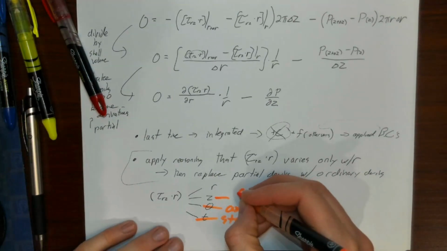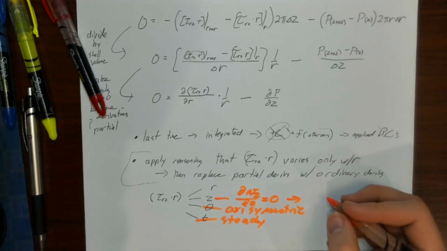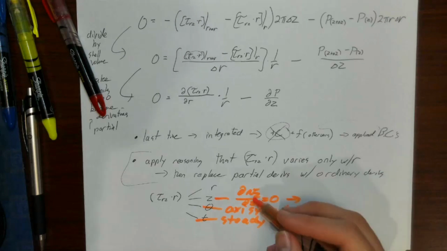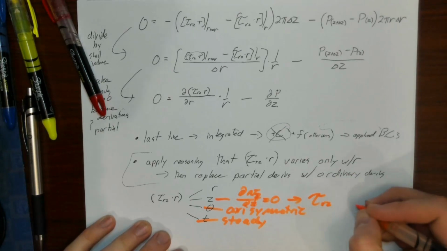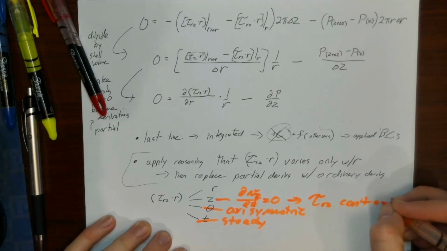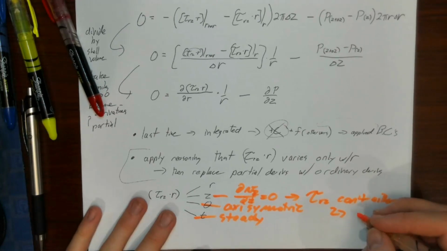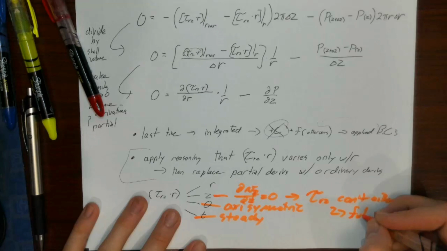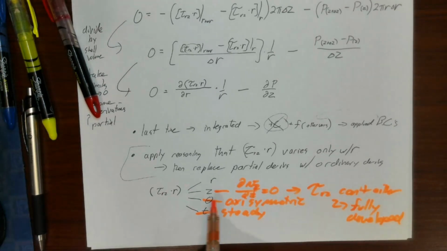We basically said dvz/dz was equal to 0, which means that if z velocity doesn't vary with z, then tau rz can't either. This is essentially an implication of our fully developed conclusion that we got earlier. Basically things shouldn't be varying with z. Once velocity doesn't vary with z, other stuff also shouldn't vary with z, for the most part. Spoiler alert, there's an exception coming up.